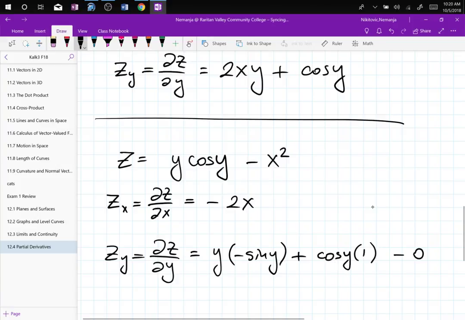Cosine y, there we go, is 0. So this over here is the product rule. Come on, Red. Thank you. Product rule.